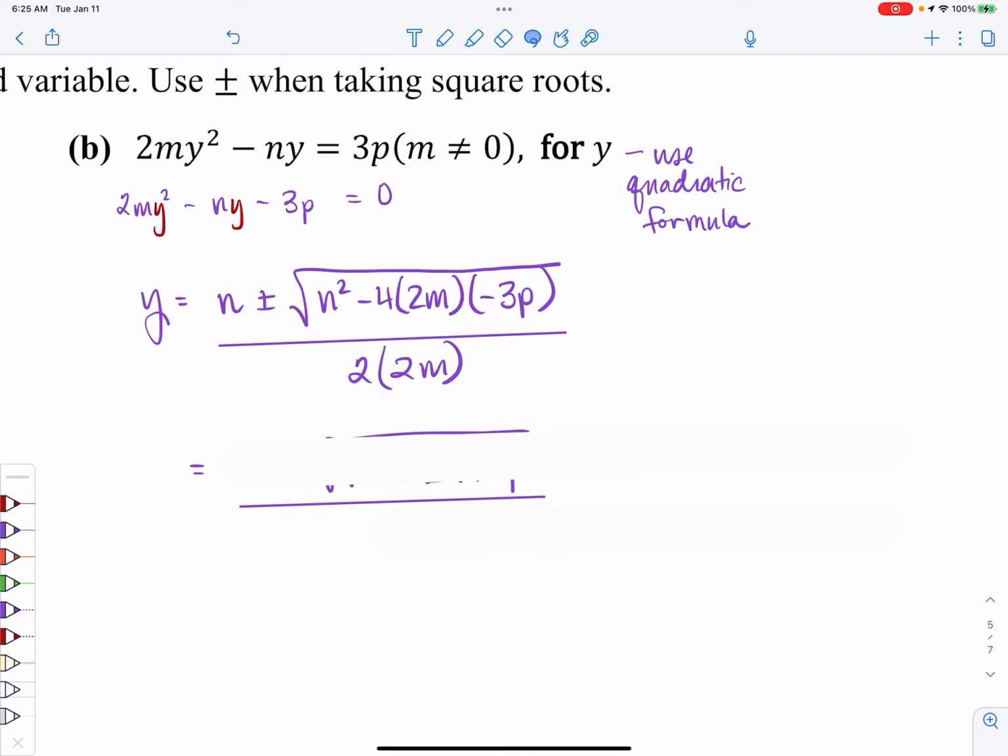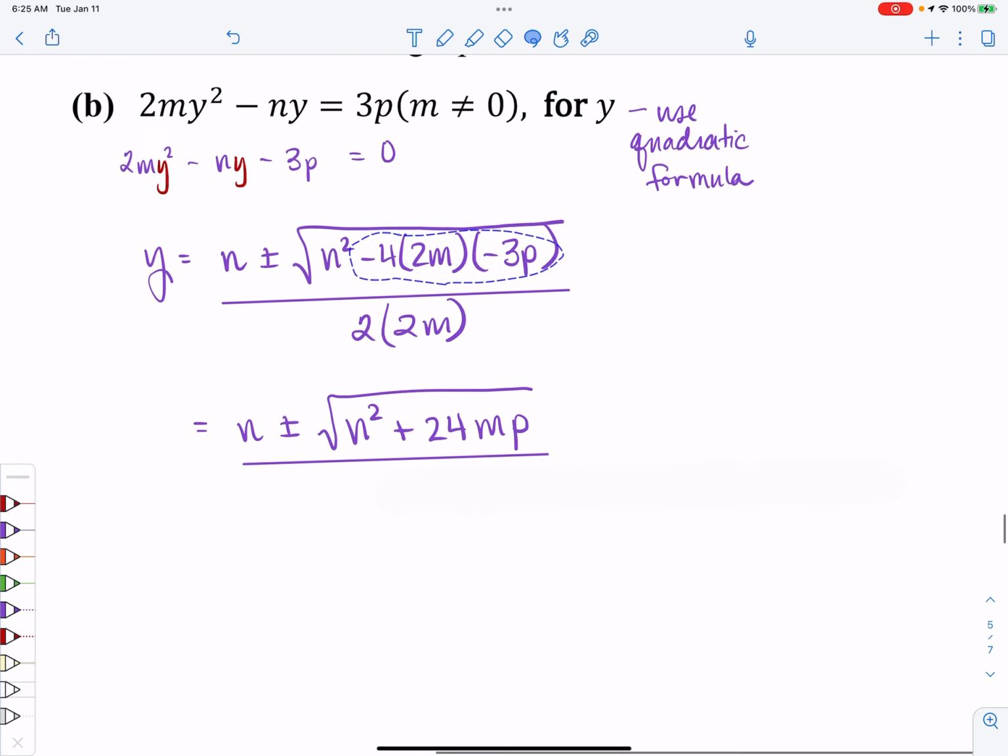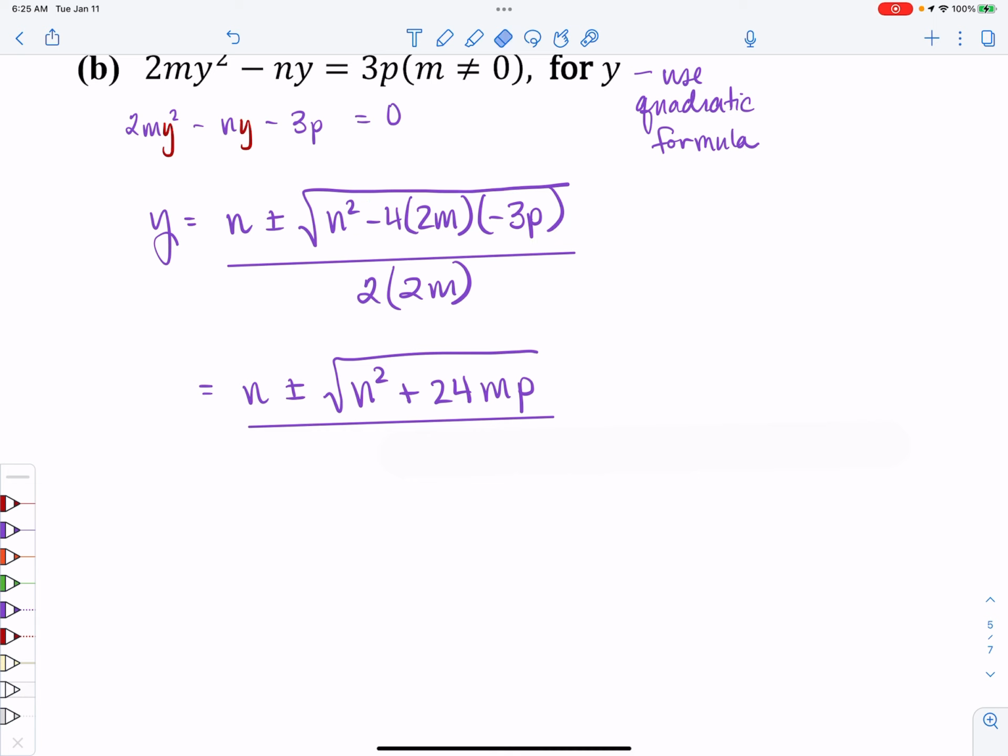There's not a whole lot I can do, quite frankly. On the inside, the n squared is going to stay alone. The only thing I'm going to do is take the 4 times the 2 times the 3 to give me the 24. The negative times the negative gives me the positive, and the m times the p is just standing there. On bottom, 2 times 2 is going to be 4 times m. There's nothing else I can do to clean this up.